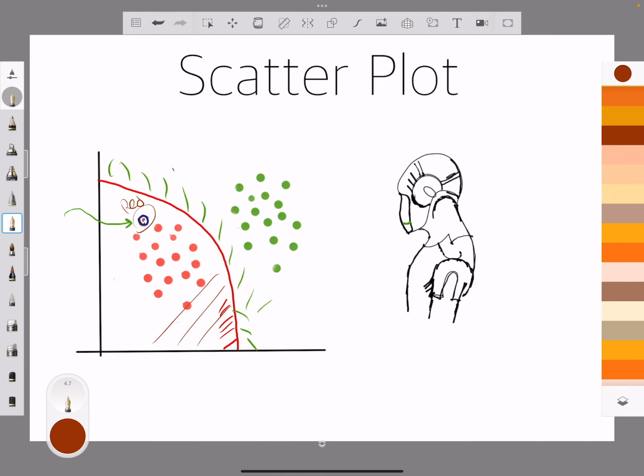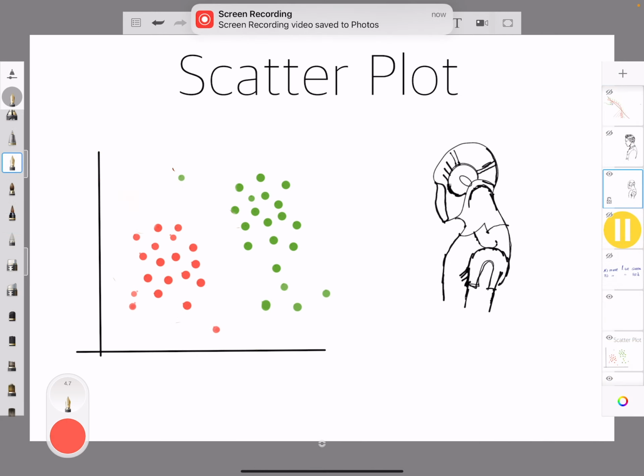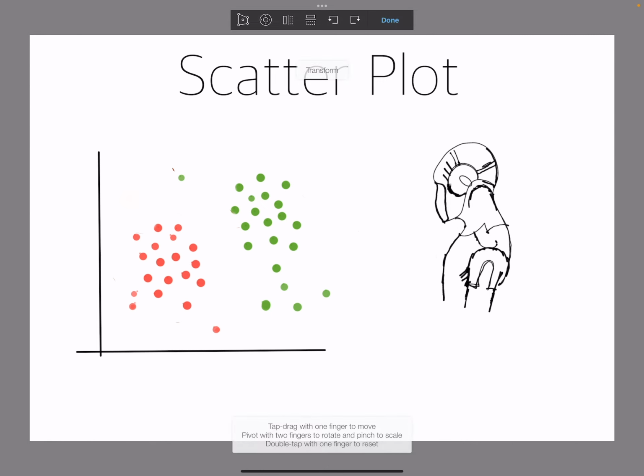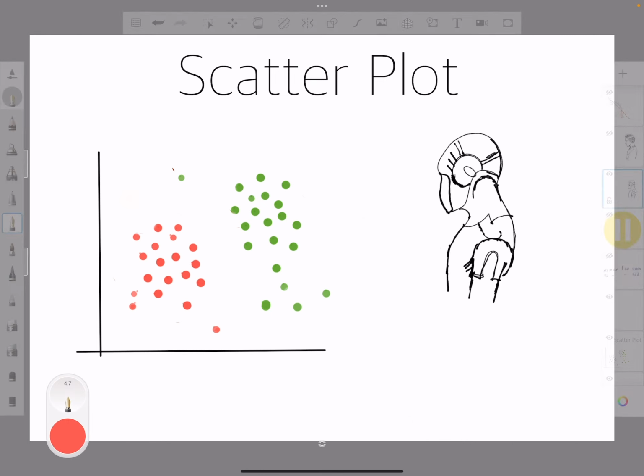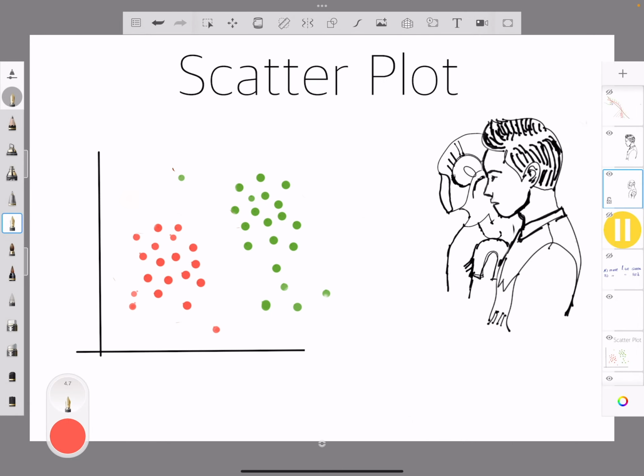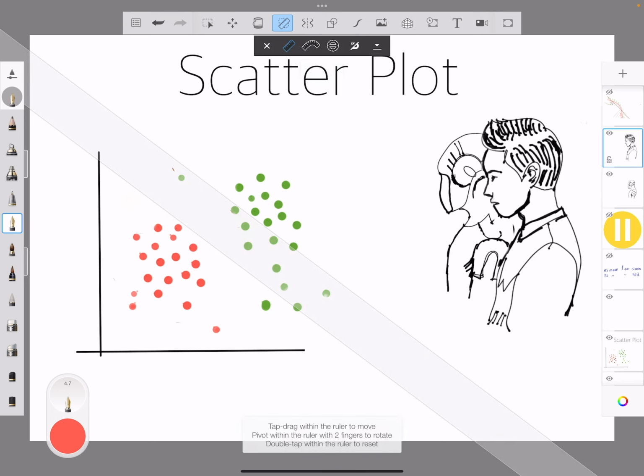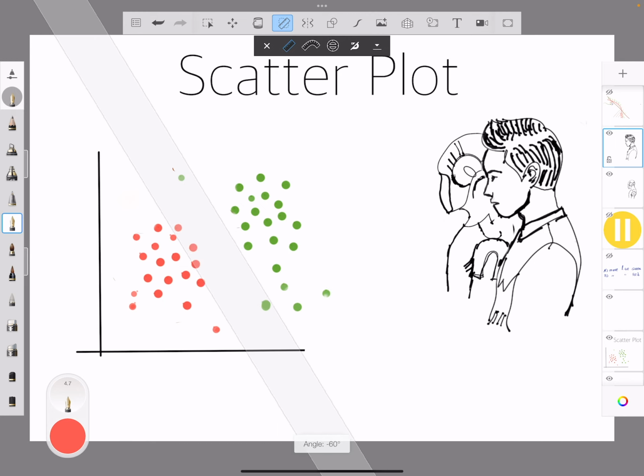When the decision surface is a straight line, instead of this curve, we call it linear. All right, I'm going to keep this robot here as a machine. I'm also going to add this person here. Now I'm going to draw three decision surfaces which are linear.